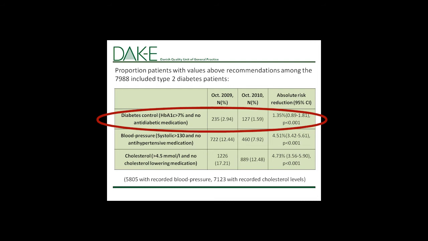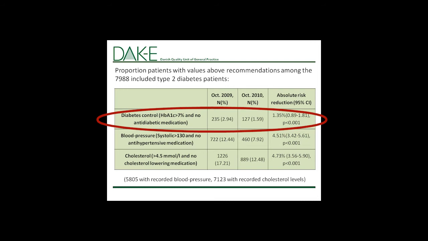In October 2009 there were almost 3% diabetics with hemoglobin A1C above 7% who did not receive any treatment for diabetes. And this figure was reduced by an absolute risk reduction of 1.35% 1 year after, to only 170 patients.